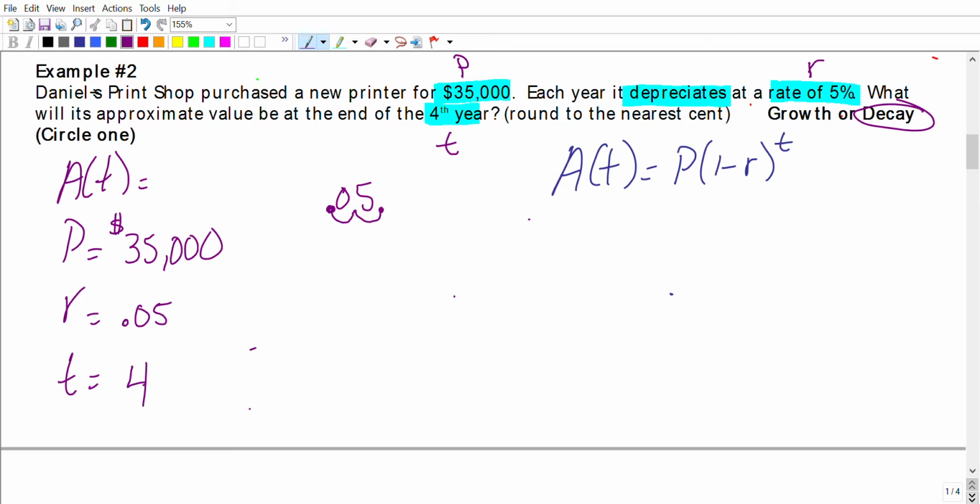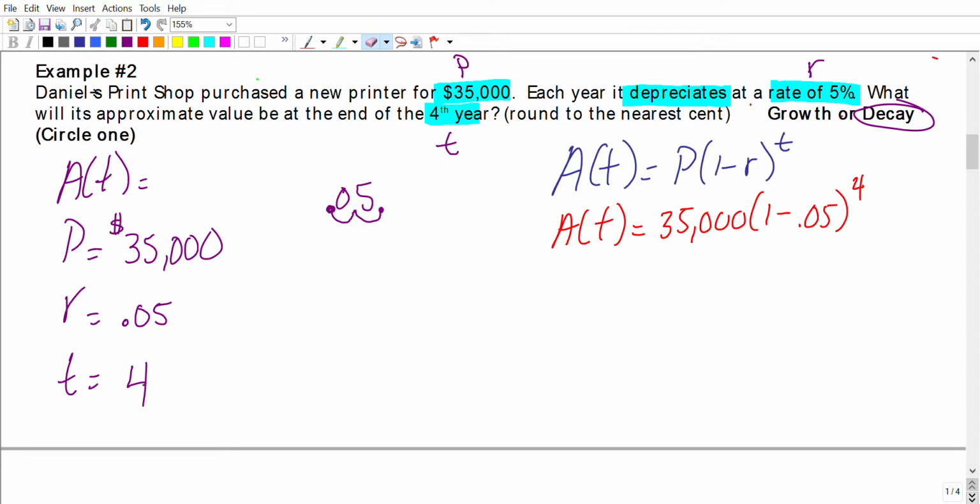So let's go ahead and start substituting. So this is going to be A of T equals, our P is 35,000, 1 minus R, which is 0.05, and finally raised to T, which is 4. Okay, so type that all into your calculator, guys.